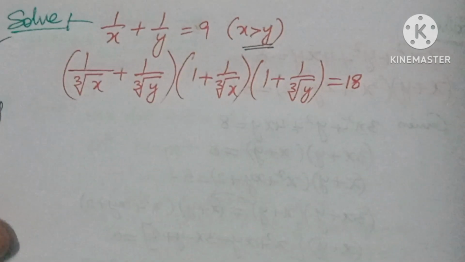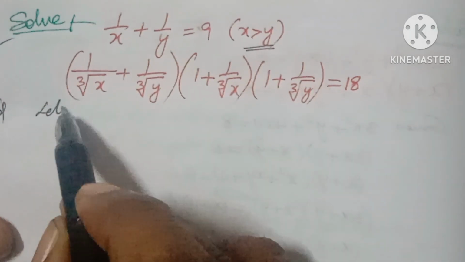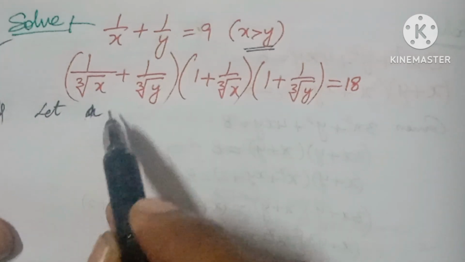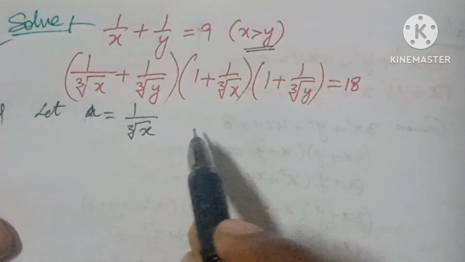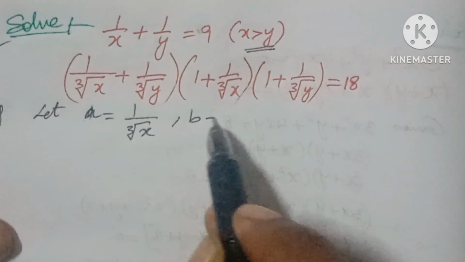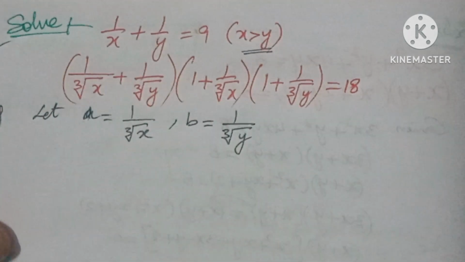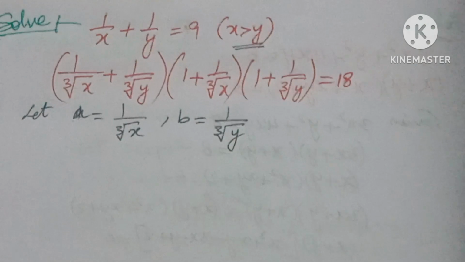So how to solve this problem? First of all, we'll go for substitution. Let a = 1/∛x and b = 1/∛y. If you do the substitution, the calculation you can do easily.